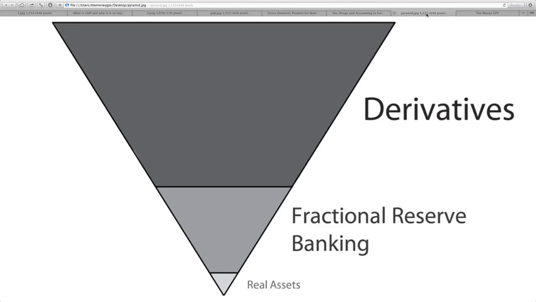This is a diagram that reoccurs throughout the Money GPS. What you're looking at right here is how the system is set up. Real assets on the bottom and all of the garbage on top. But when you look at it more closely, these real assets actually include the GDP statistics.